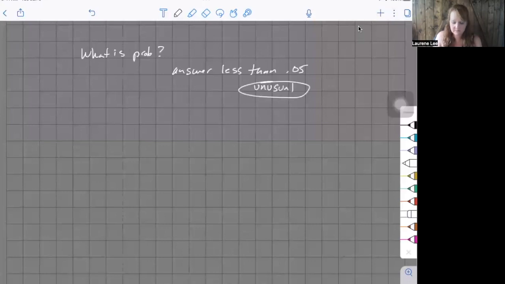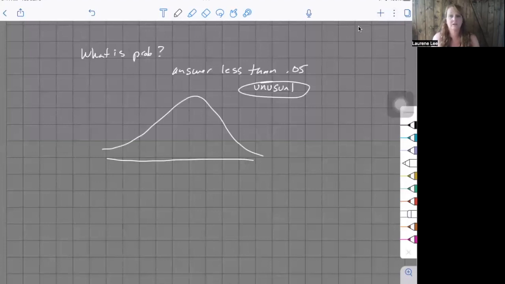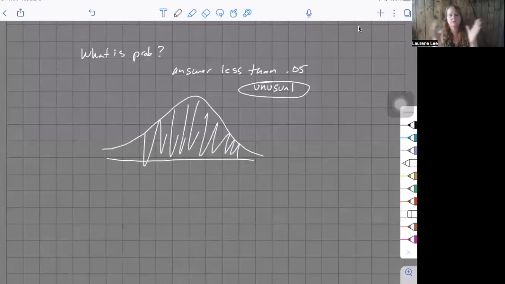If you look at your normal distribution, our typical answers, our usual answers are in this main part of the curve. So any region in that big part is what we would call a usual or typical answer. But these tails are unusual results.